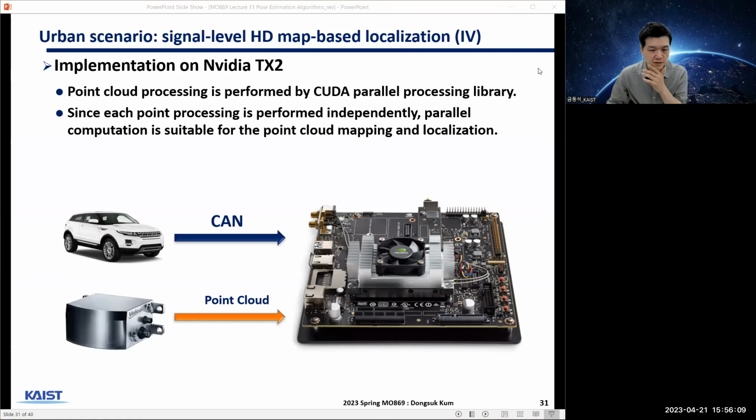So how is this implemented? Well, we need to get the point cloud, and we need to use a computer to process that and match with the map. And in this particular system, NVIDIA TX2 was used.